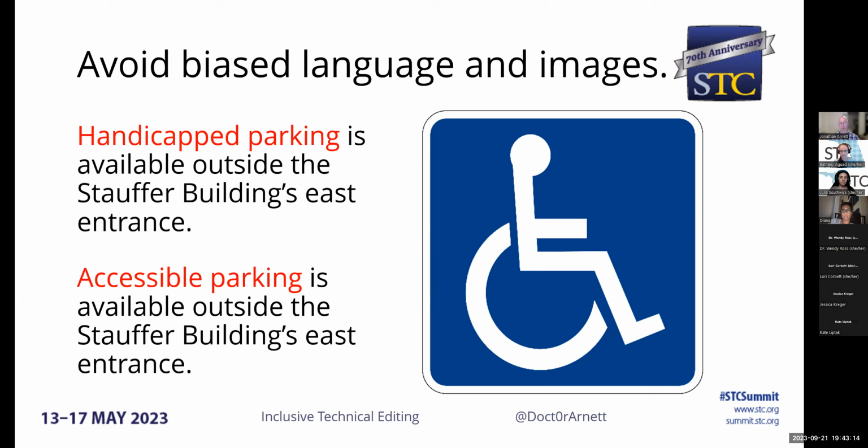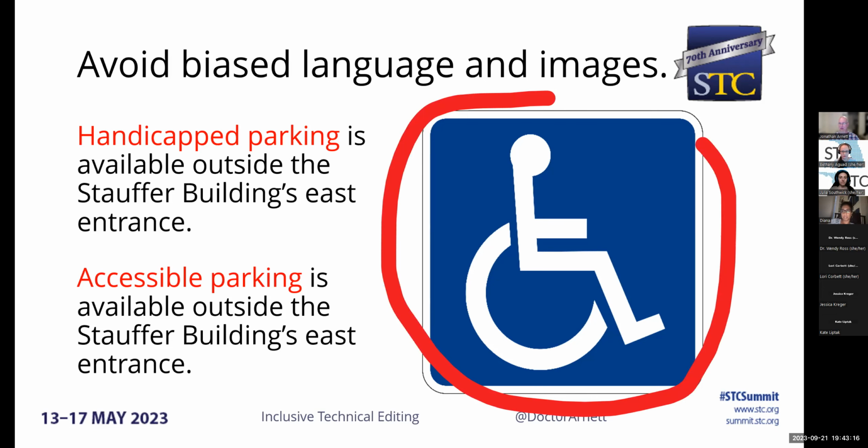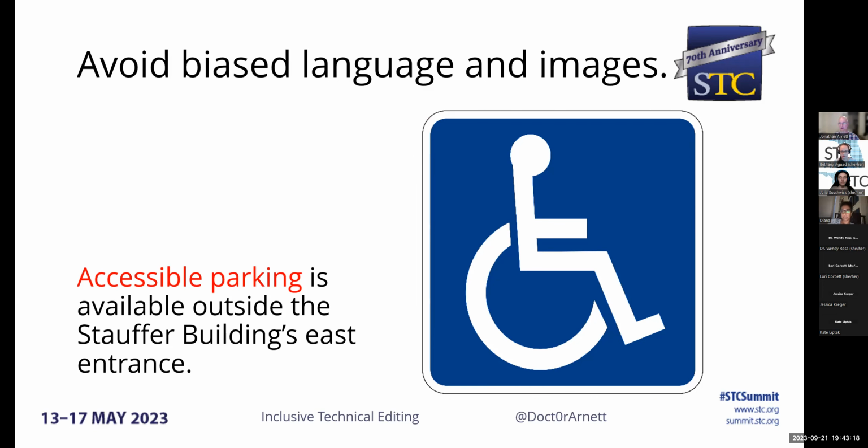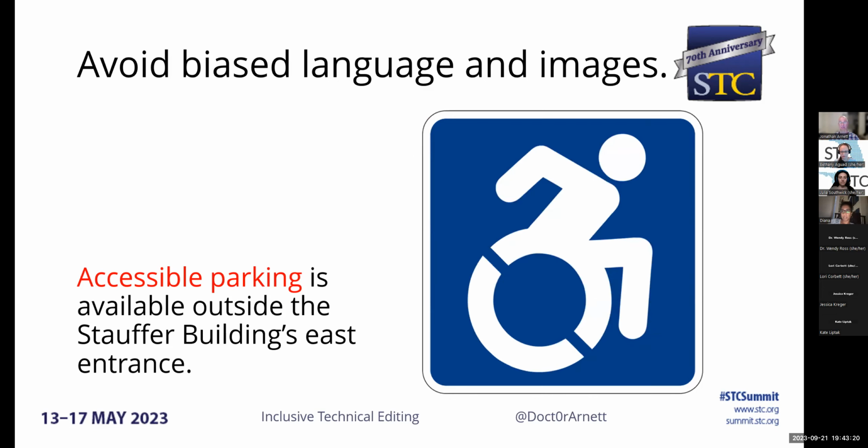What if we used a different image? What if instead of this, we used this? What do you think? What does this image imply? They can move on their own and don't need someone to push them.